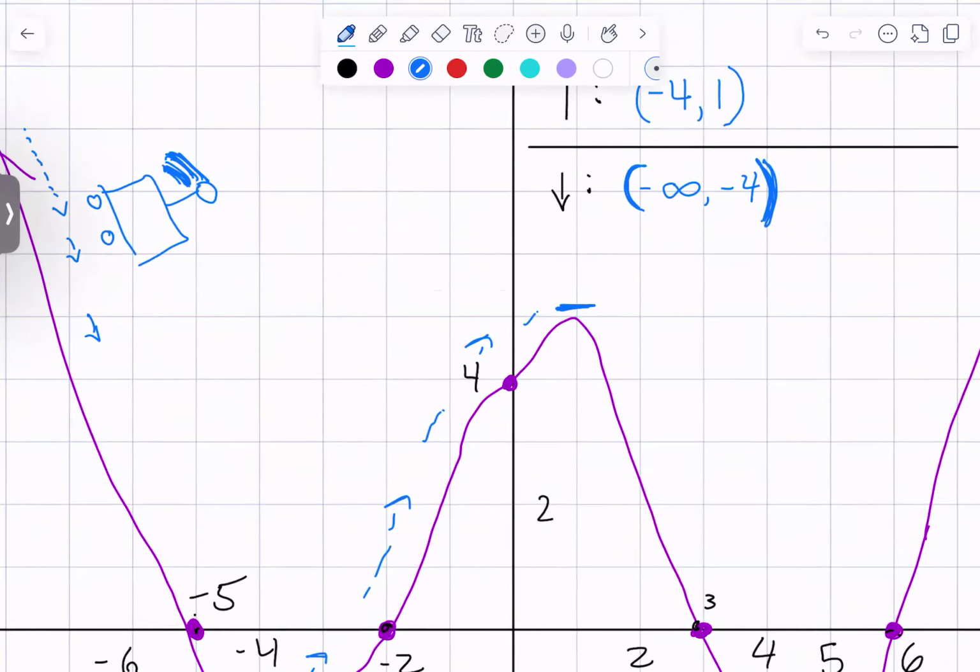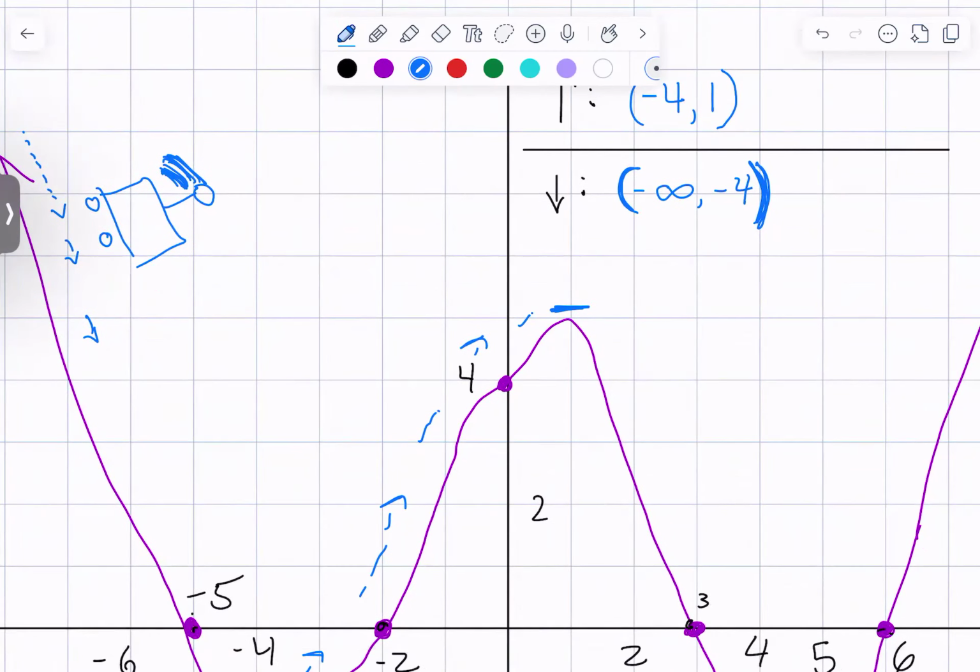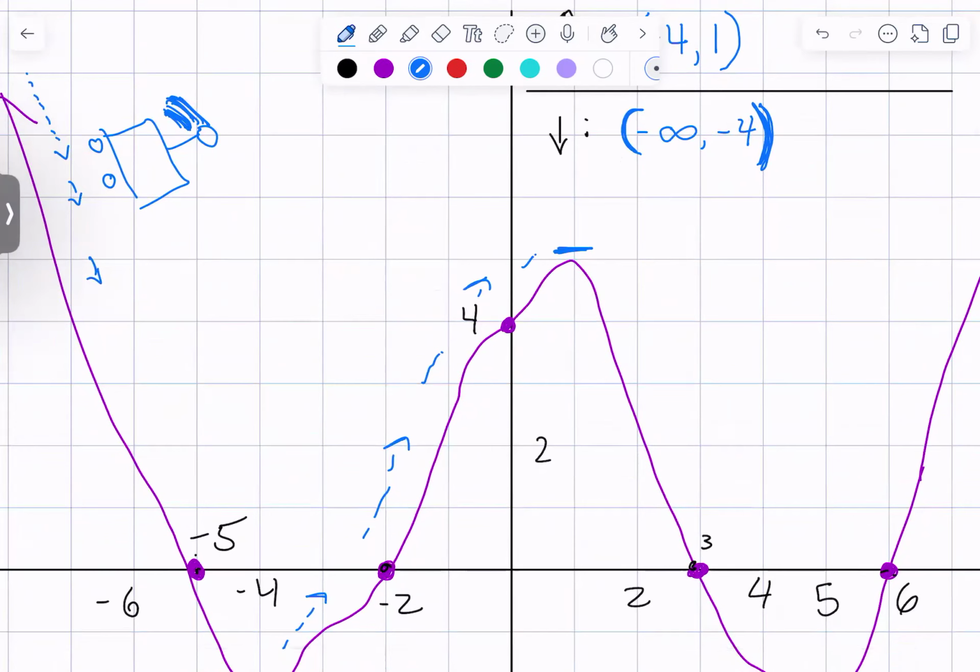Going back to the roller coaster, let's say you start off the roller coaster at x equals -2. That's the start of your roller coaster. You have beautiful hair right now, and you're going up. You know how roller coasters start. You start really slow.